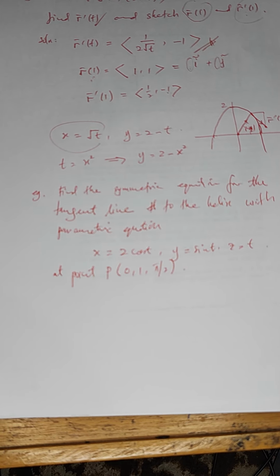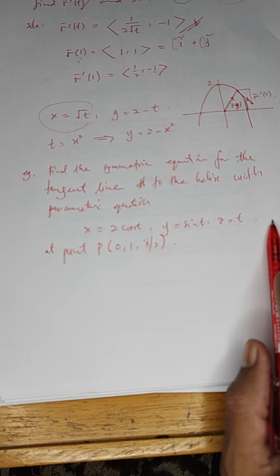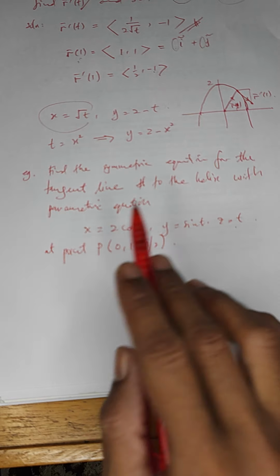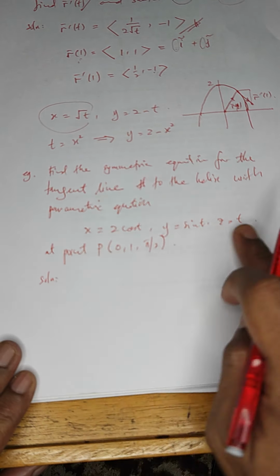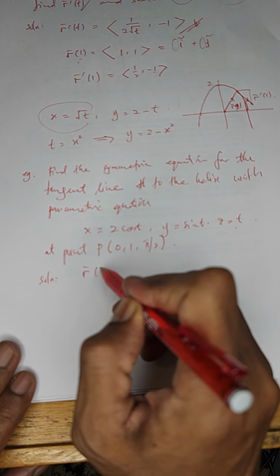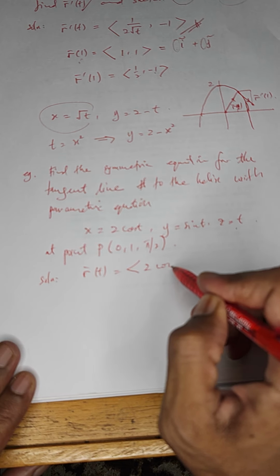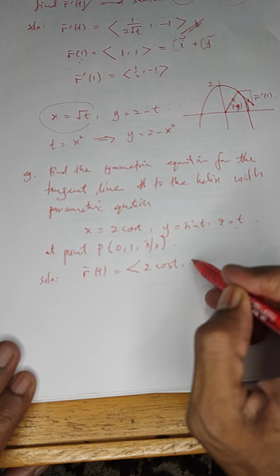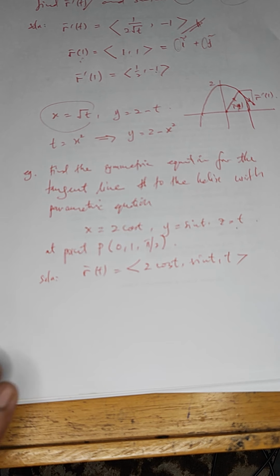If you write this in terms of a vector, the position vector is r(t), with component for x being 2 cos t, component for y being sin t, and component for z being t.